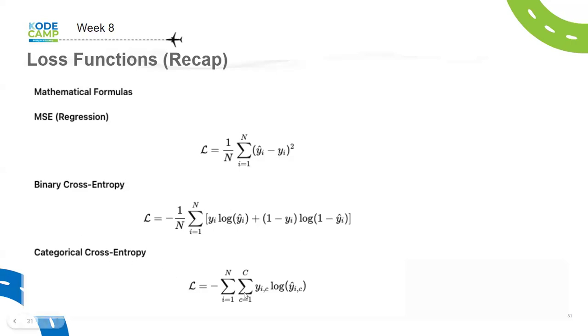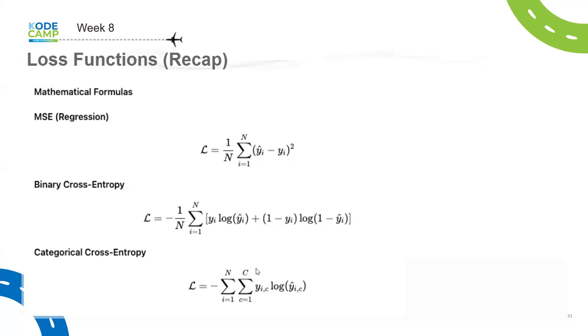Then for categorical cross entropy, you will now do a different thing. Categorical cross entropy is a generalized form of binary cross entropy. Because if you look at it, we are taking the yi for each class, where C is the number of classes.